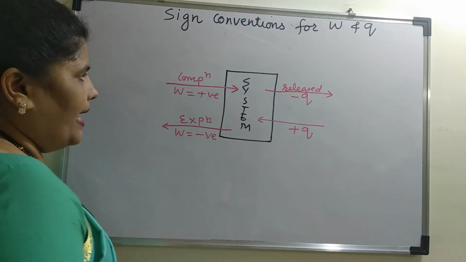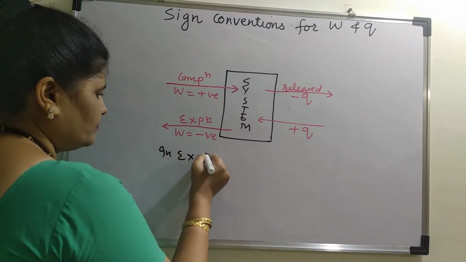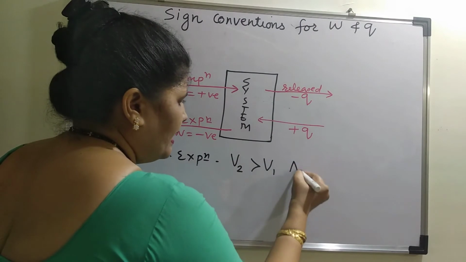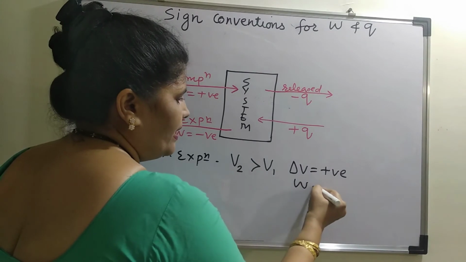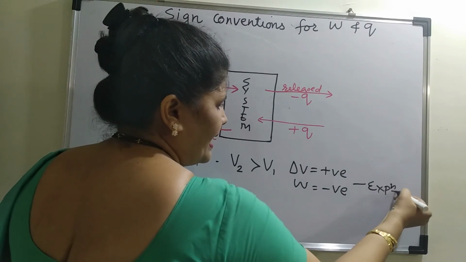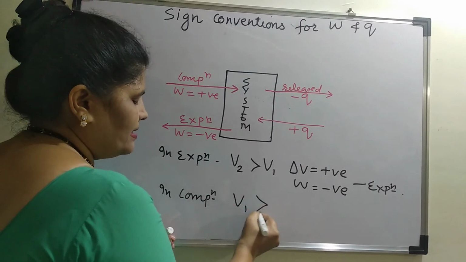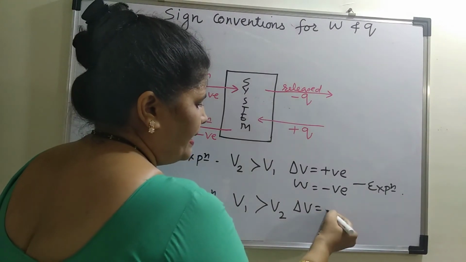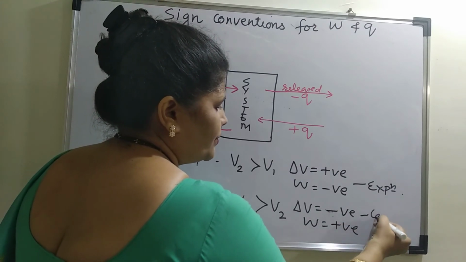Now very important, if I say it is work due to expansion, in expansion, can I say V2 is greater than V1? Means delta V is positive. So when delta V is positive, W will be negative, just opposite to that. And the work is called work due to expansion. Similarly, in the compression process, V1 is greater than V2, means delta V will be negative. When delta V is negative, W is positive, and the work is due to compression.